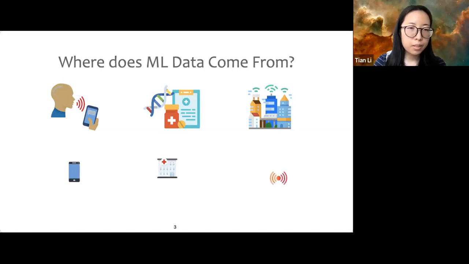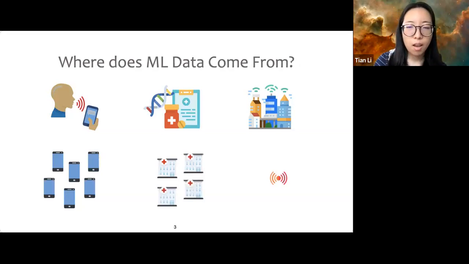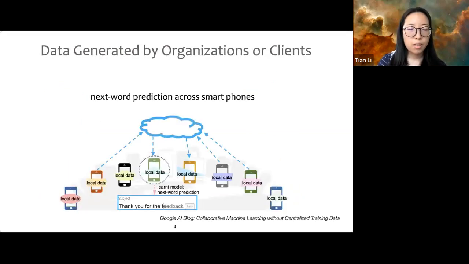More frequently, they are generated by and siloed across not just one, but networks of many remote devices or organizations. For example, we may want to jointly train a model to predict the next characters across a number of smartphones. But sending sensitive and real-time user data to some data center may not be allowed, or sometimes it can be very costly.